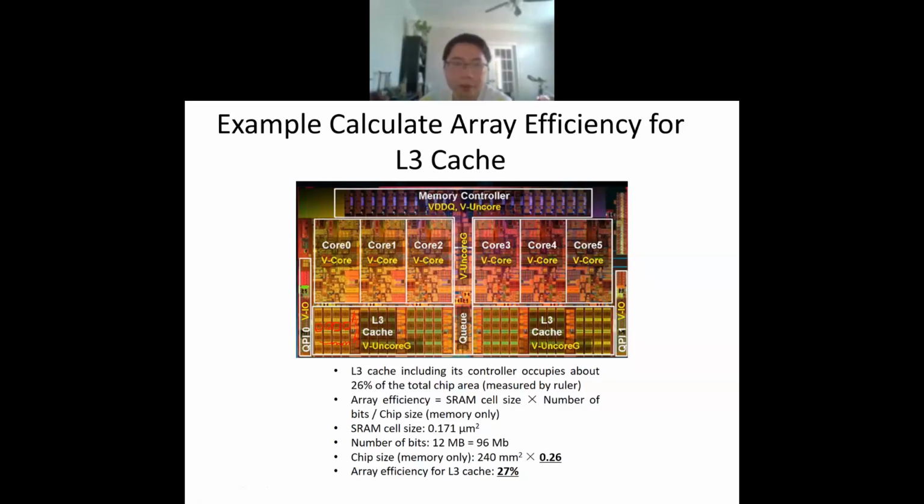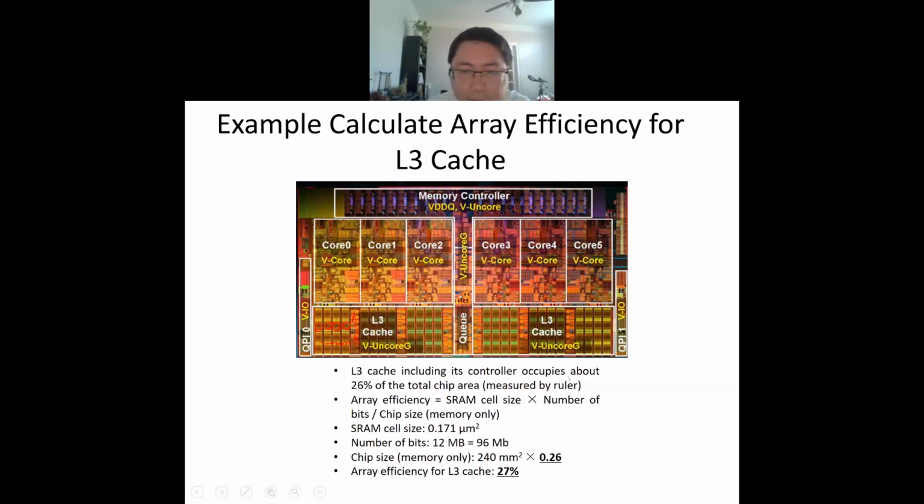So how do we approach this kind of question? By definition, the array efficiency is the SRAM cell array size divided by the L3 area. For the L3 area, we can estimate the total area of the L3 cache, those 2 white boxes.